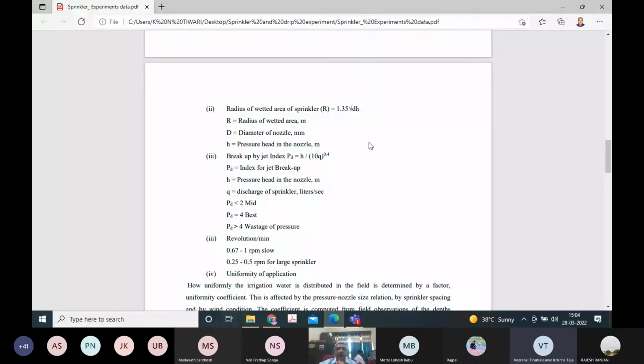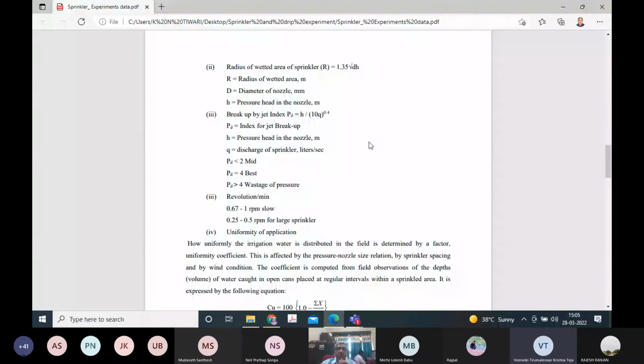This can be compared. Now another parameter of evaluation of a sprinkler head is the breakup jet index. That is given by PD. This is evaluated using the expression PD equal to H by 10 Q to the power 0.4.